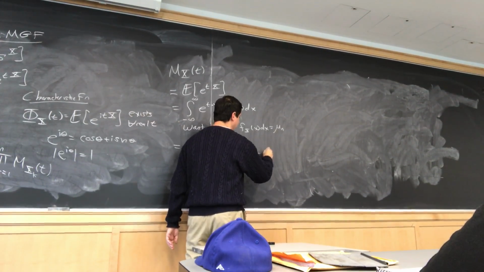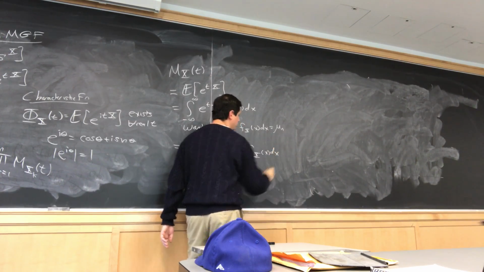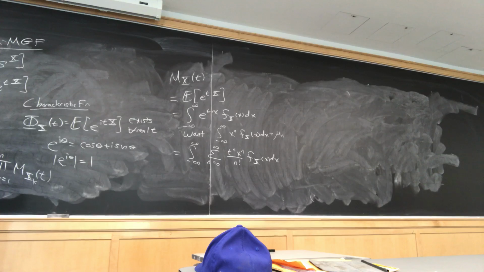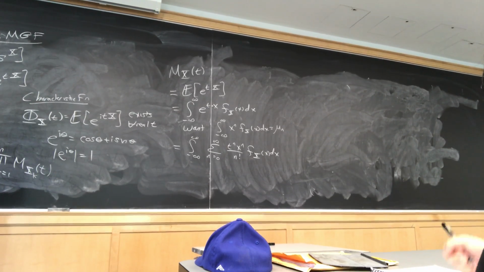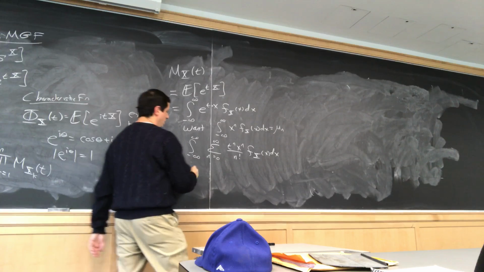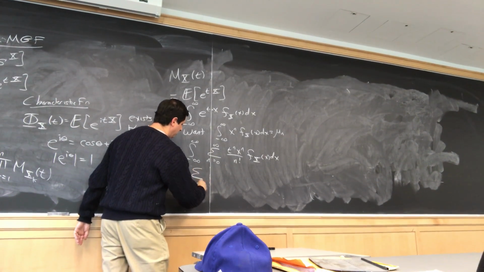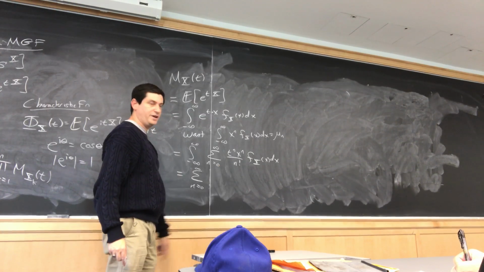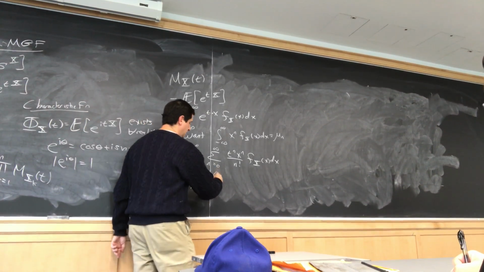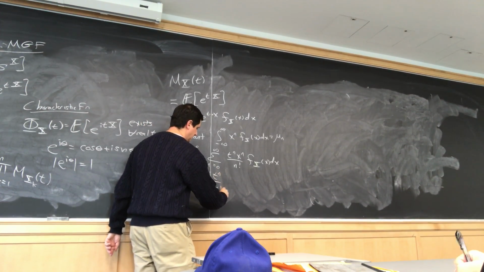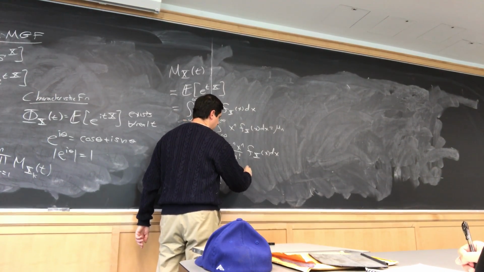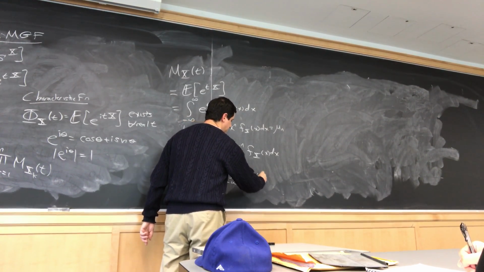I really want to emphasize why we're doing what we're doing. Now when you look at this, the integral of the sum is not always the sum of the integrals, but it is today. So it's the sum, n from 0 to infinity, and now I can pull out the t to the n over n factorial, because that has no x dependence. And I'll have the integral from minus infinity to infinity of x to the n times the density.